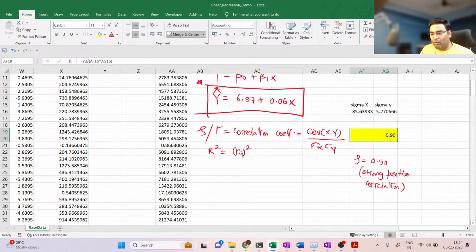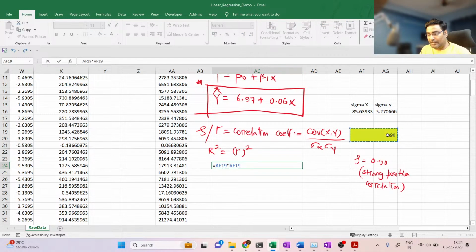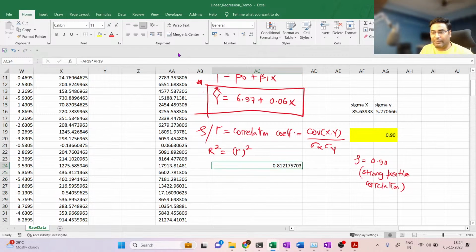Right? Now, what is going to be R square? Very simple. So R square is going to be what? I'll just calculate here. I'll take this number and I'll multiply this with, again, that's your R square, coming to 81.2%. What is the interpretation of 81.2%? It means that 81.2% variability of the sales can be accounted for by TV advertising.